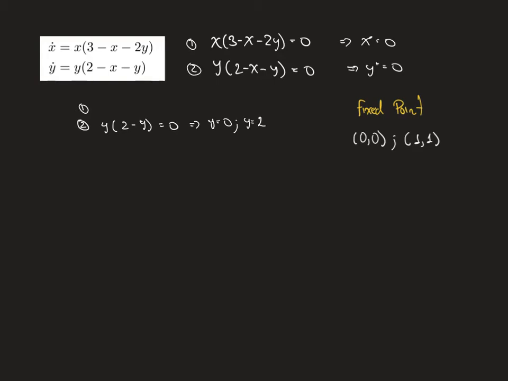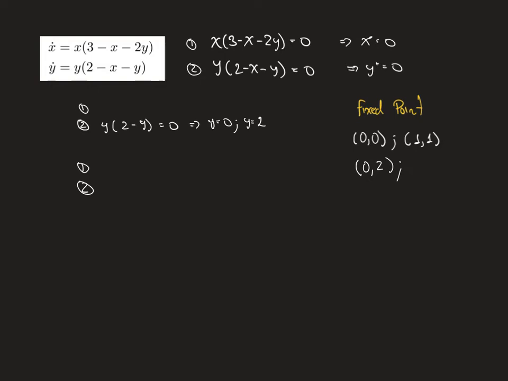So this is another fixed point we have to take into account. Then this is 0, 2. And then we have the other situation, we know that y is equal to 0 is a solution. Then the second equation doesn't give us any information.